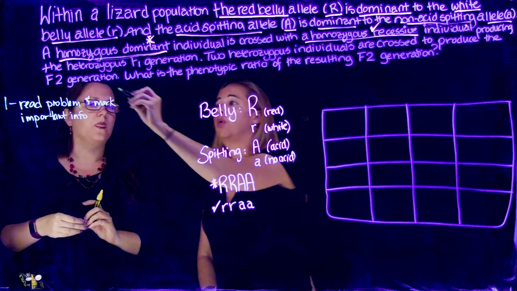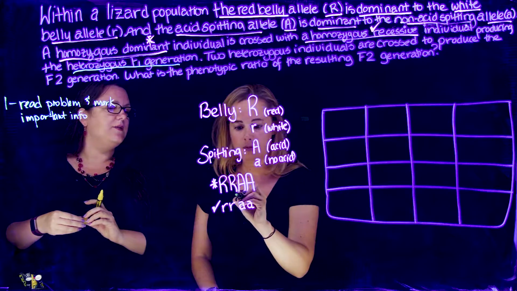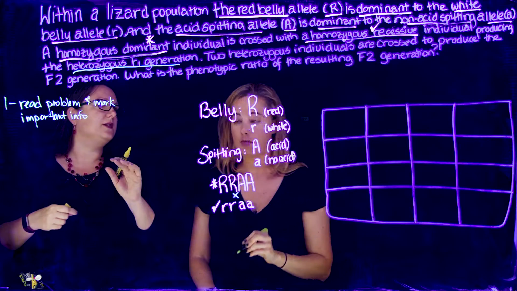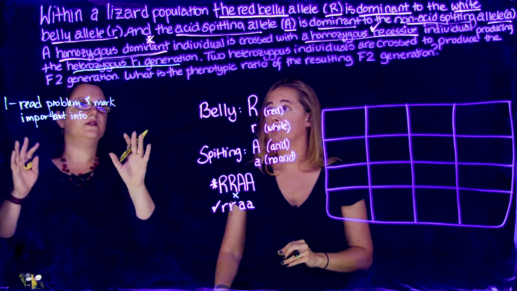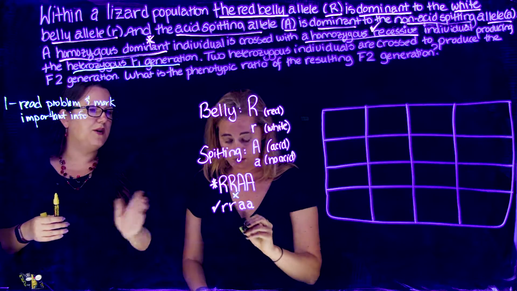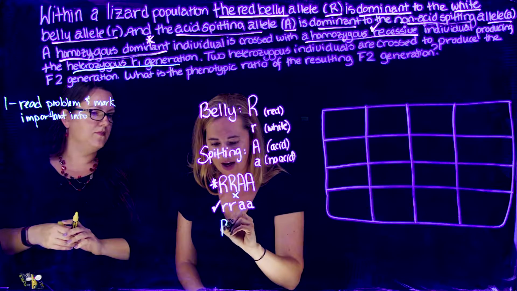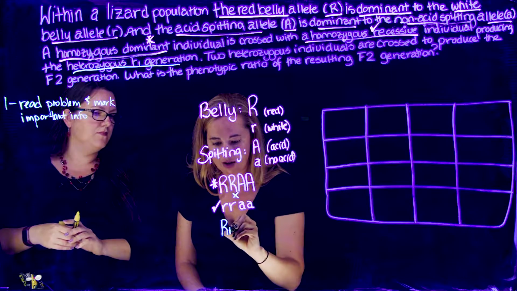So we got to make some babies. Now we're going to think about our crosses. The problem tells us these individuals crossed, producing a heterozygous F1. These would have been our parental generation. Heterozygous means you have a capital paired with a lowercase.